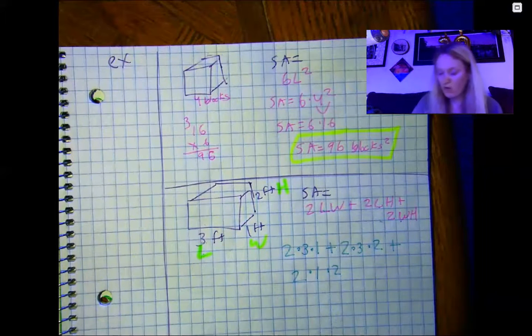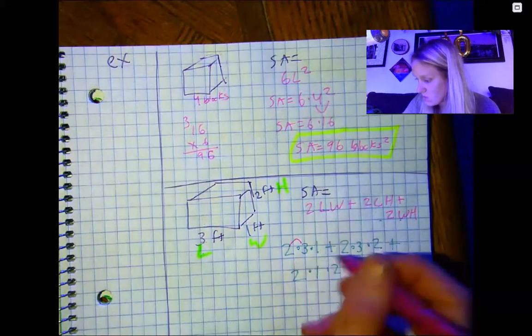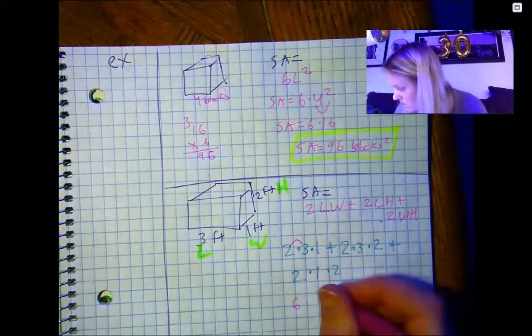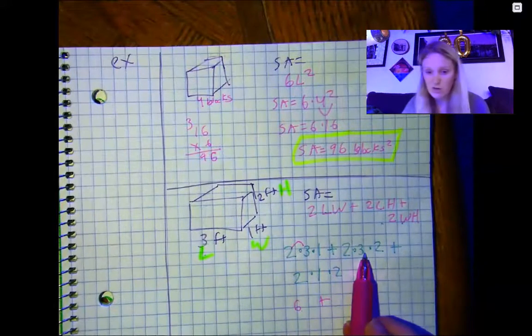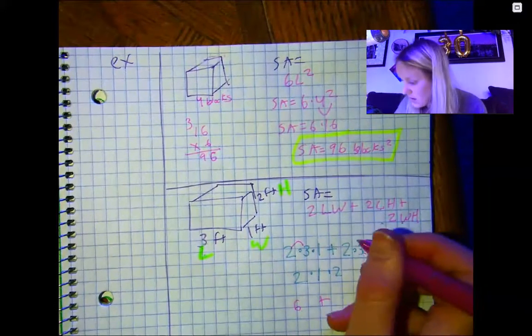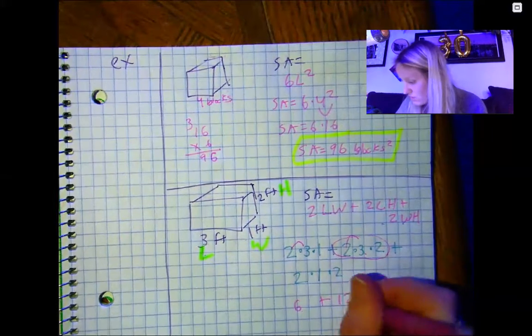Okay. Now I follow order of operations. In order of operations, multiplication comes before addition. So 2 times 3 is 6. 6 times 1 is 6. Plus, I don't do 6 plus 2 and then times it by 3. I need to do this next. So 2 times 3 is 6. 6 times 2 is 12.